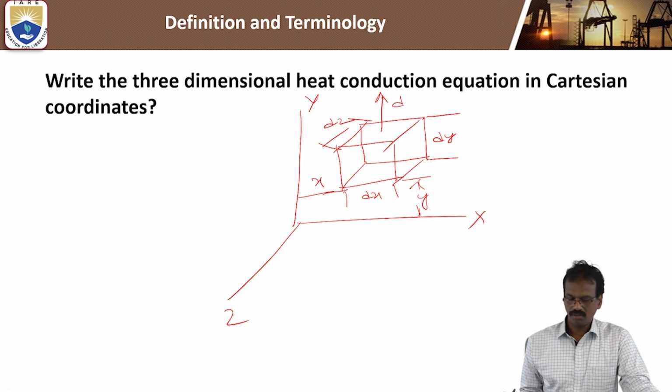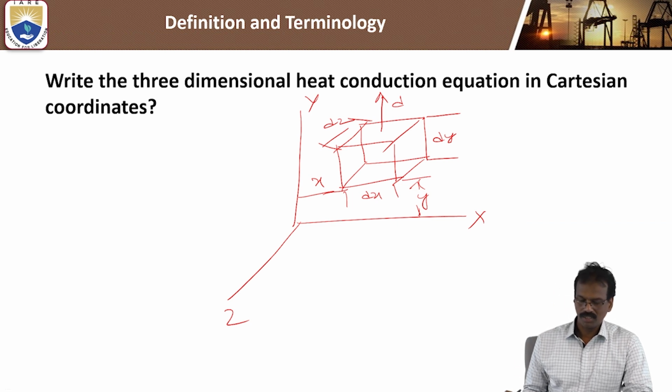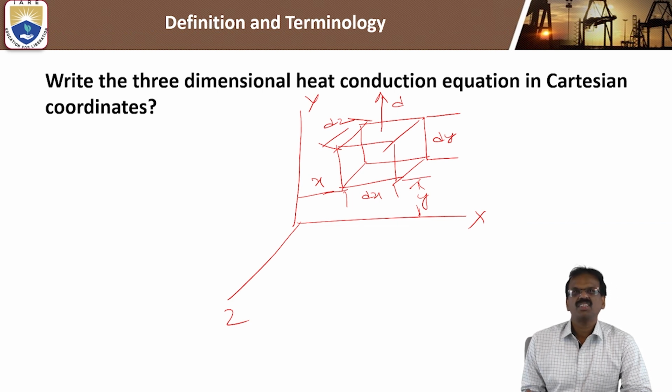We know the final derived formula based upon the energy balance: the net heat conducted into the element plus the heat generated in the element is equal to the increase in heat energy in the element plus work done by the element. So you know that formula.